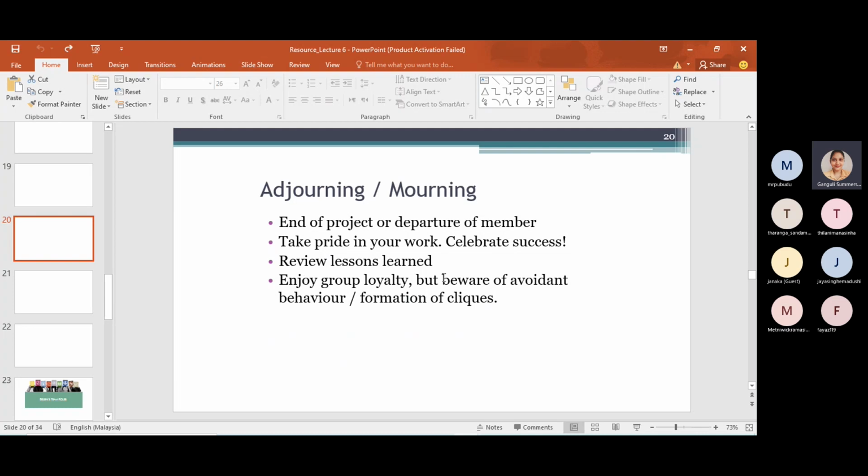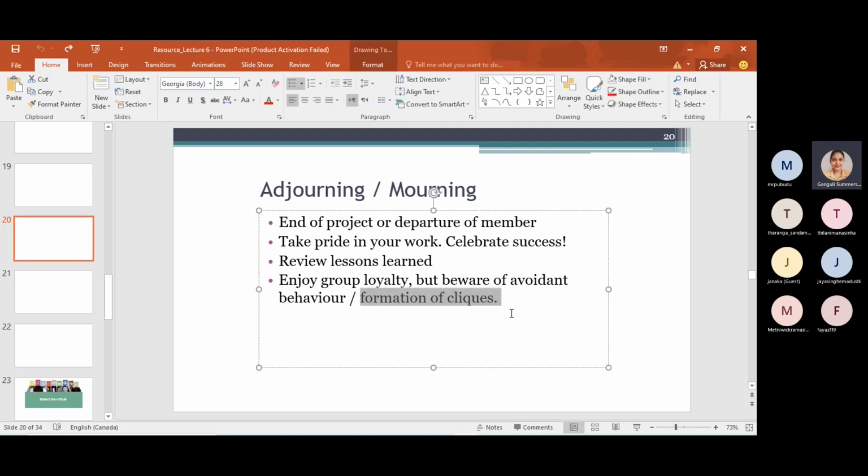But during the adjourning stage, you have to beware of avoidant behavior or formation of cliques. Formation of cliques means when there are groups inside groups. These things should be avoided in the adjourning stage. You are one group, right? You should not have small groups inside one group.